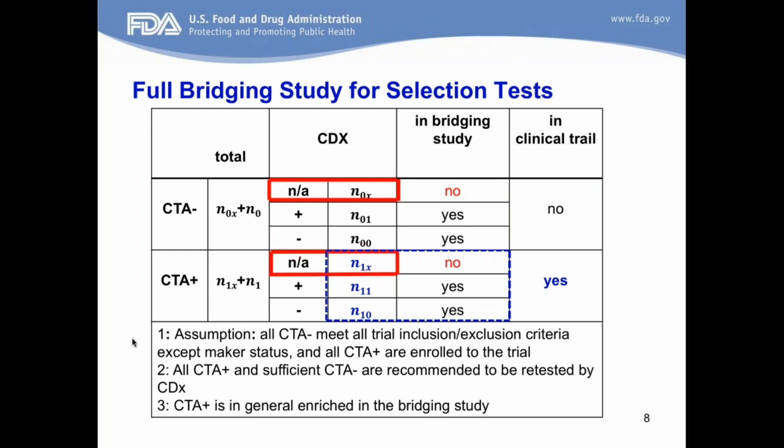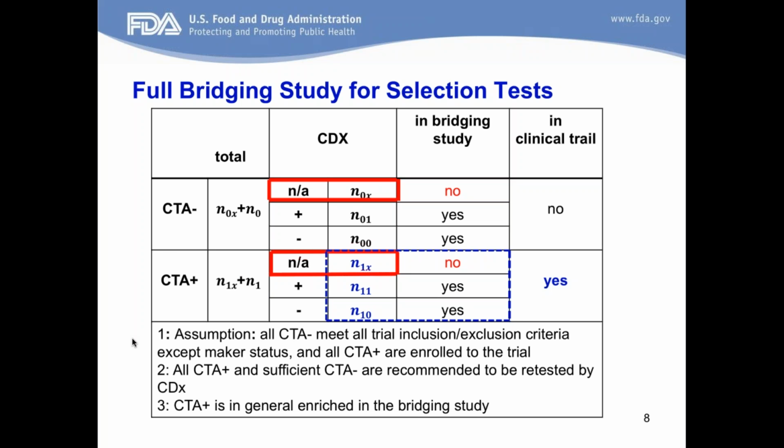So that's for CTA positive. For CTA negative, the prevalence of CDX positive is typically not very high, so you may not have to retest every CTA negative by CDX. It's probably only a proportion of CTA negative patients that will be retested by CDX. The ones I highlighted in red are the ones that do not have CDX results.